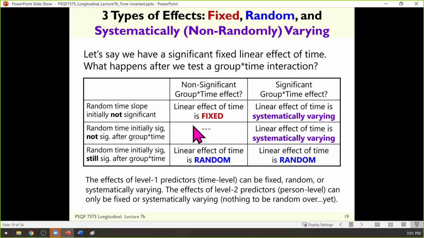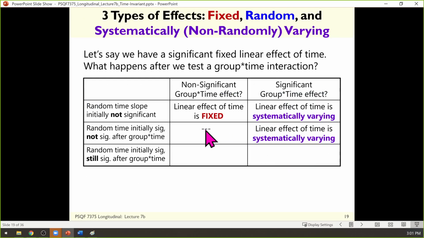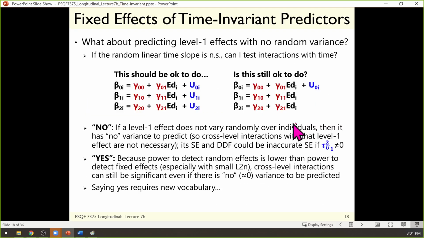Now the tricky part. Let me back that up, different word. How do I talk about R squared for these effects right here? Do you remember what the answer was before?